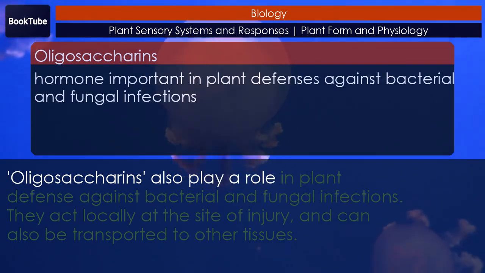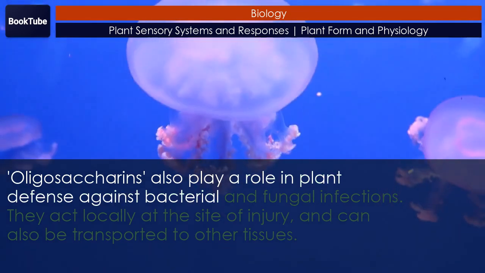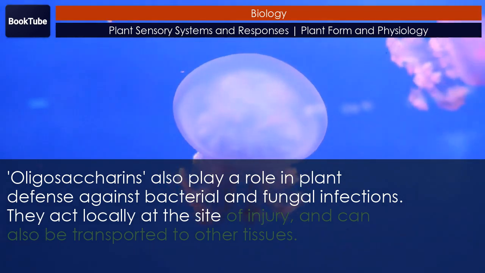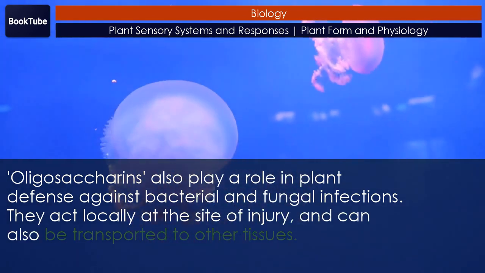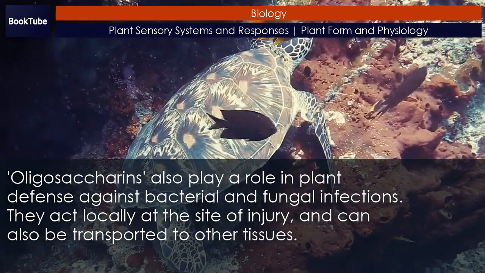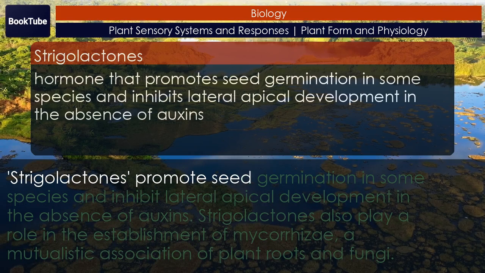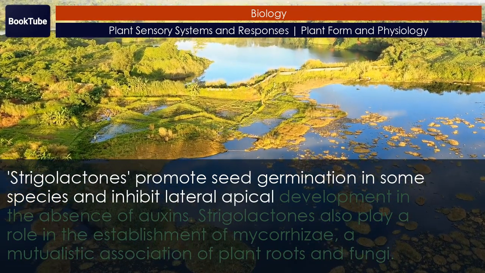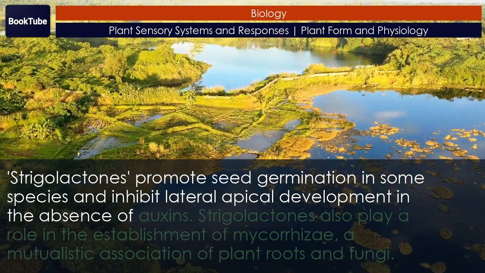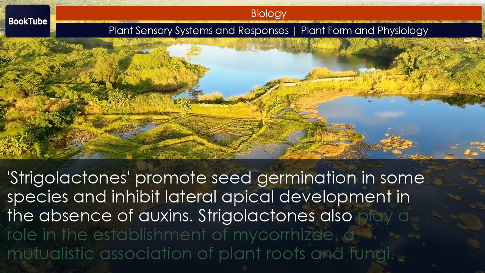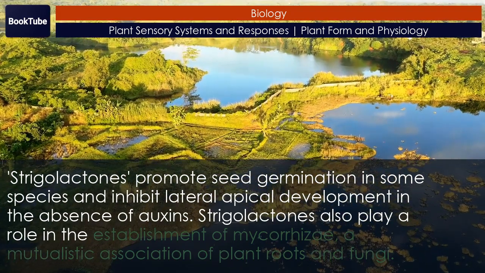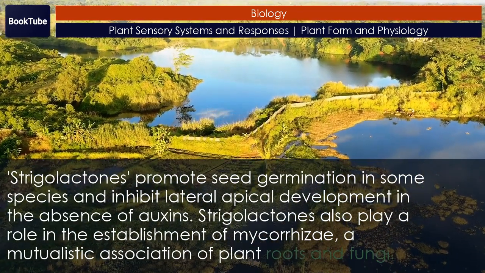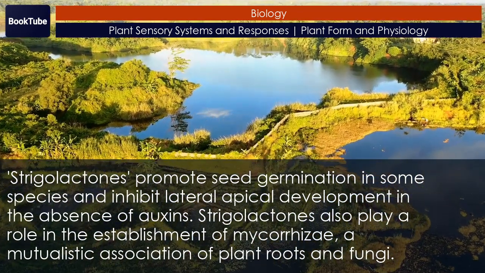Oligosaccharides also play a role in plant defense against bacterial and fungal infections. They act locally at the site of injury and can also be transported to other tissues. Strigolactones promote seed germination in some species and inhibit lateral apical development in the absence of auxins. Strigolactones also play a role in the establishment of mycorrhizae, a mutualistic association of plant roots and fungi.